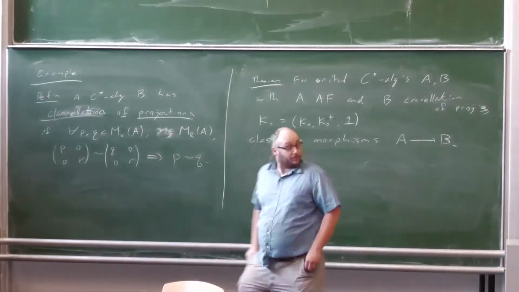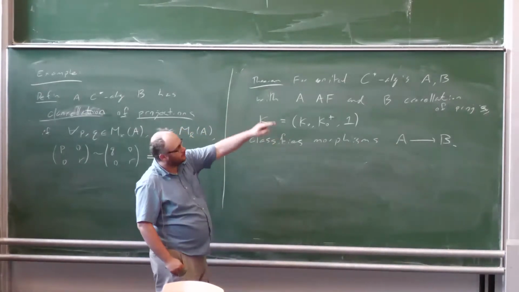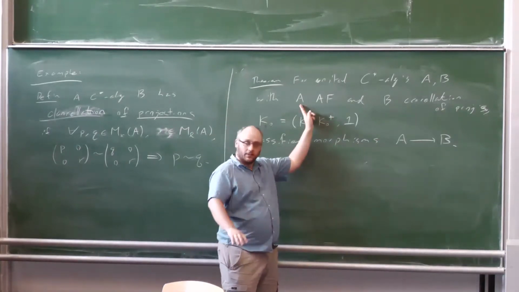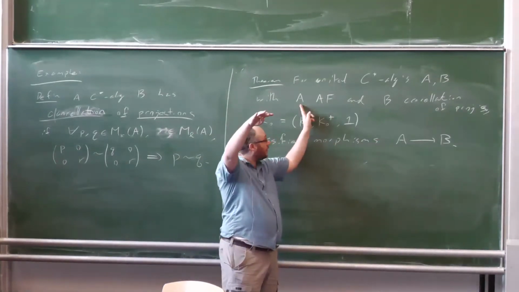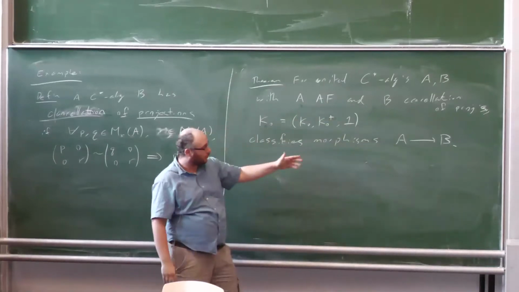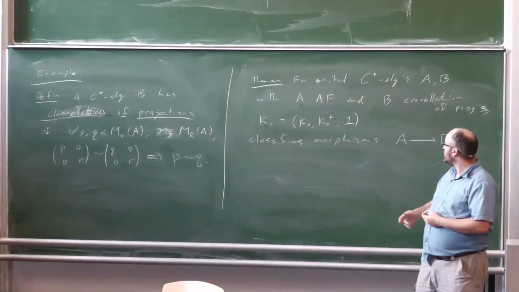I don't have time to really go through this. It's actually similar to this intertwining argument. It's a one-sided version of the same thing. What you do is A is this increasing union of finite dimensional algebras. You prove this in the finite dimensional case just using the structure of finite dimensional algebras as direct sums of matrices.